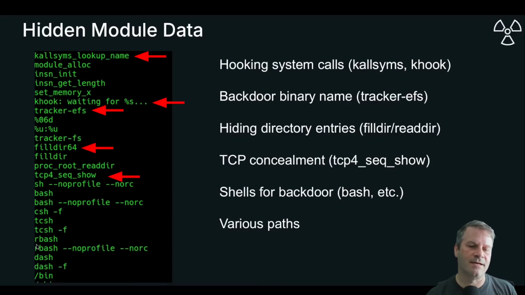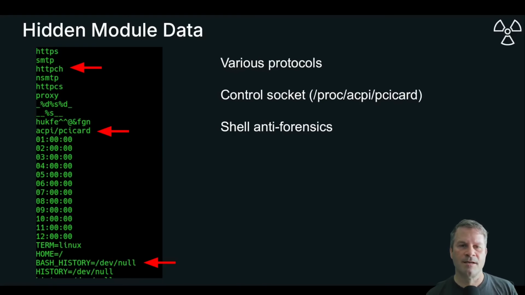The other thing down here is all these shell references. So it tells me that this probably has some type of backdoor capability in order to run commands, which it does. The next thing we see are various protocols. On this particular rootkit, it uses this proc ACPI PCI card in order to communicate with the user land space. That's unique to this particular rootkit.